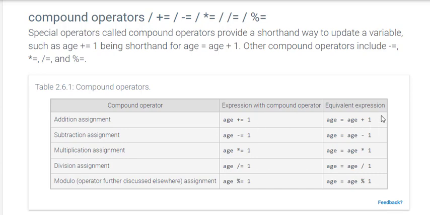So you can see age equals age plus 1 would just be age plus equal to 1. And that's the shortcut way of adding that value, 1 or whatever it might be, back to the same variable.